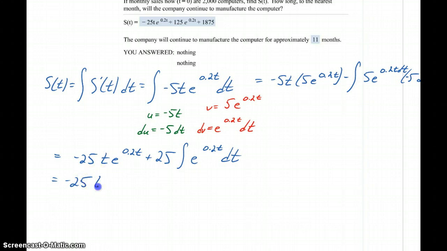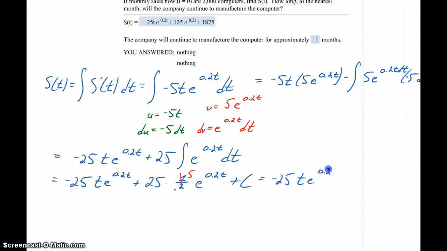This will give us negative 25t e to the 0.2t plus 25 times 1 over 0.2 times e to the 0.2t plus some constant c. So 1 over 0.2 again is just 5. So this will become negative 25t e to the 0.2t plus 125 e to the 0.2t plus some constant c.